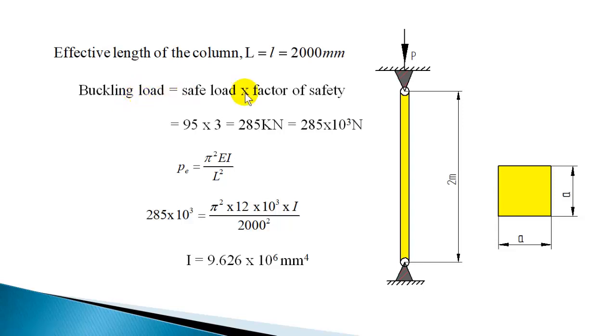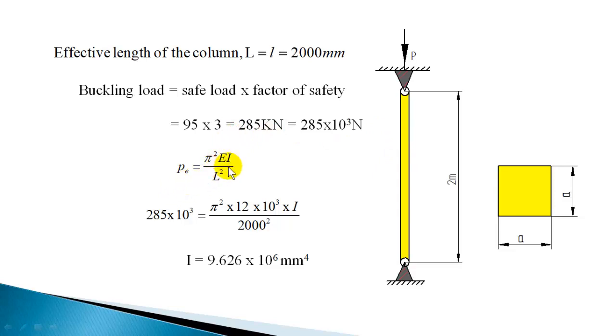So buckling load has to be safe load into factor of safety, or buckling load should be 3 times higher than this safe load, or 95 into 3 or 285 kilonewton, or it is 285 into 10 raised to 3 Newton. So only at 285 kilonewton the column starts buckling, but we are applying only 95 kilonewton to be safe, 3 times less. So we have to design the column for a buckling load of 285 kilonewton.